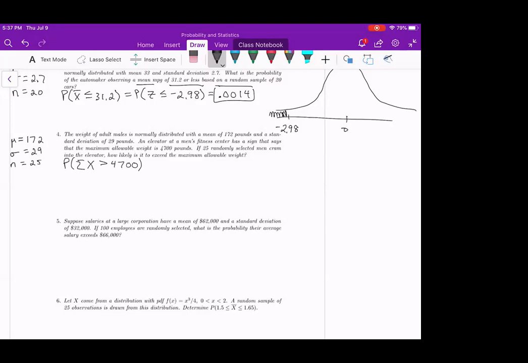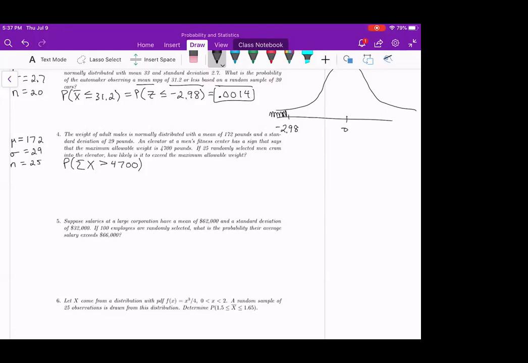Now, based on this handout, we want to convert an X bar to a Z-score. We don't have an X bar, but we can get at it, which is what Miku got to. And she said, well, to get an average, you add up everything and you divide by the number of values you added. Here we have the add up.